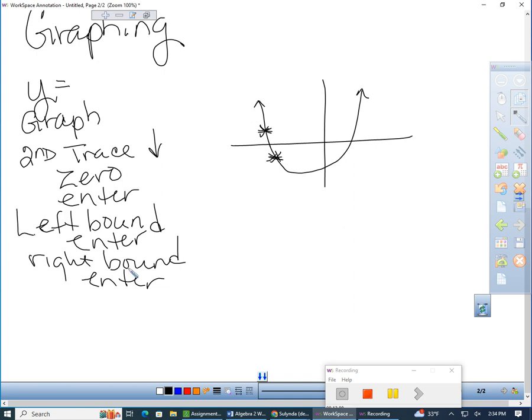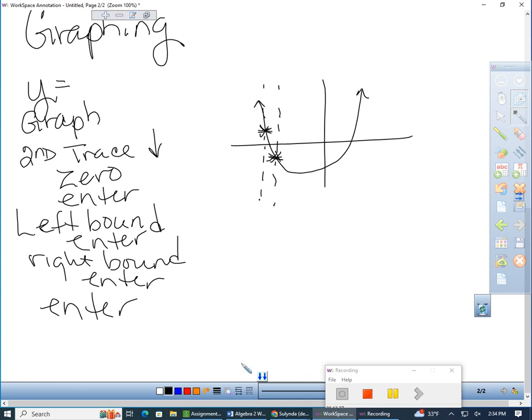When you hit enter on the second one, it comes up with these little dashed lines that surround your 0. You hit enter one more time, and it's going to tell you your answer. Now, if it's over here, the left side is actually below it, and the right side is above it. So it depends how your parabola is on where the left and right bound are.